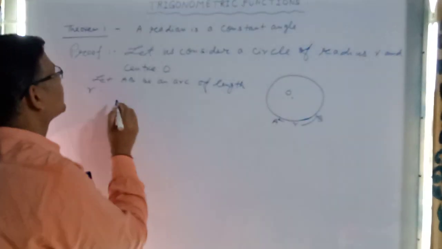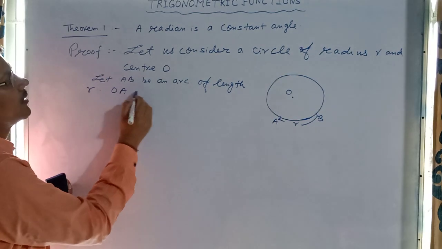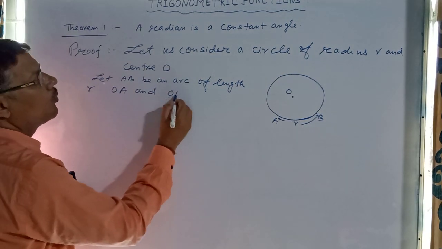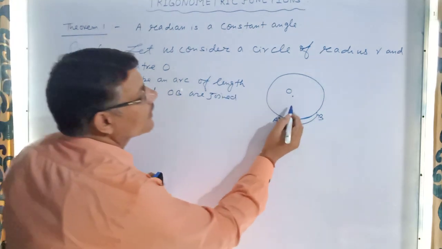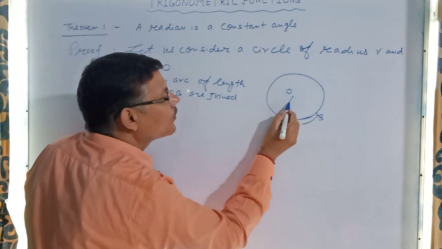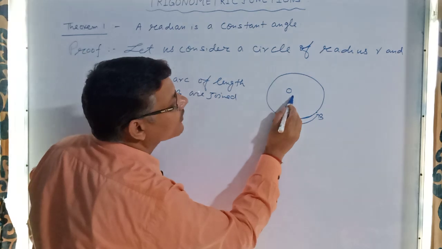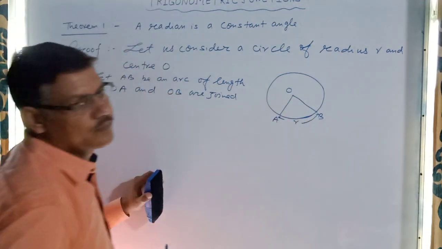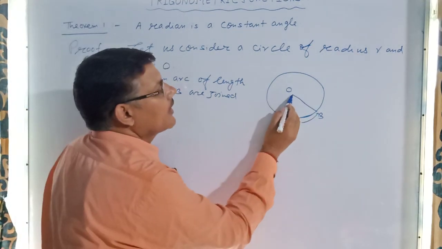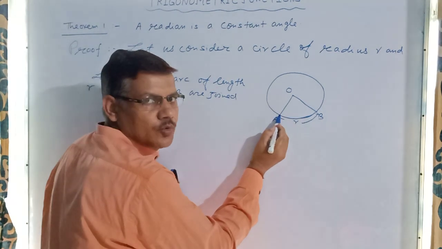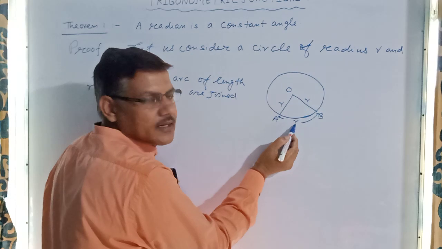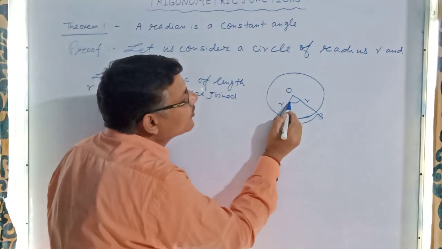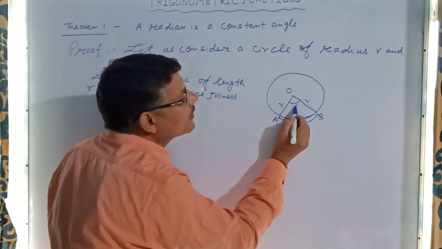So OA and OB are joined. We join A to O, at the same time we join B to O. Radii of the same circle are OA and OB, so its length is r, it is also r. So the measure of this angle, by the definition of 1 radian, becomes 1 radian.